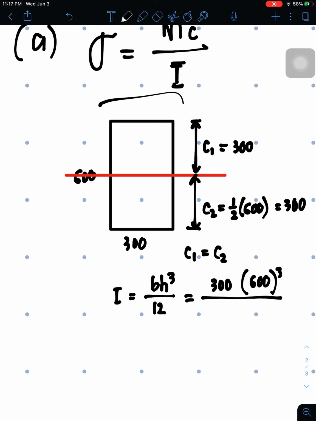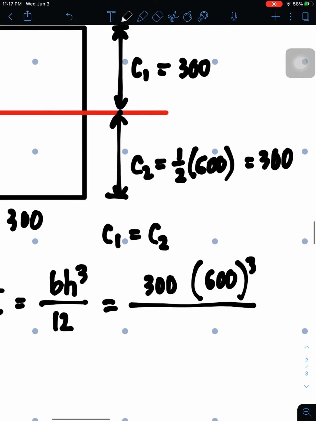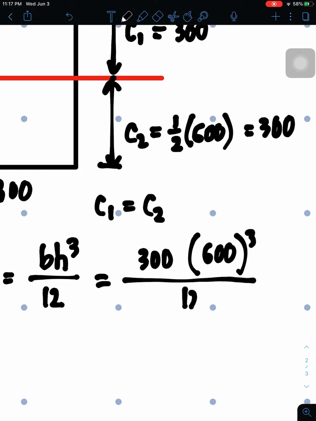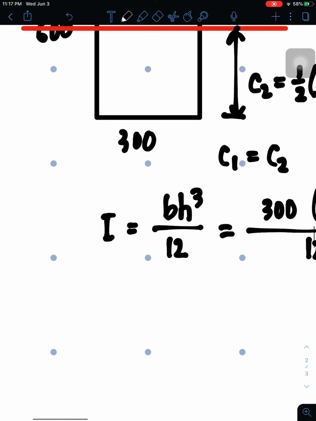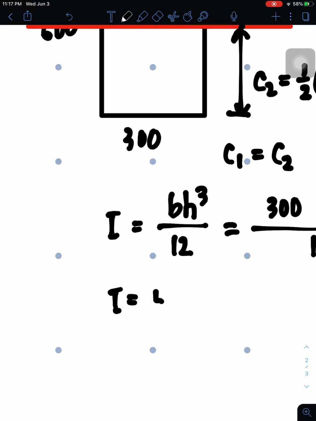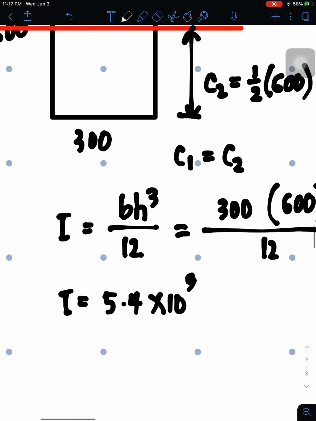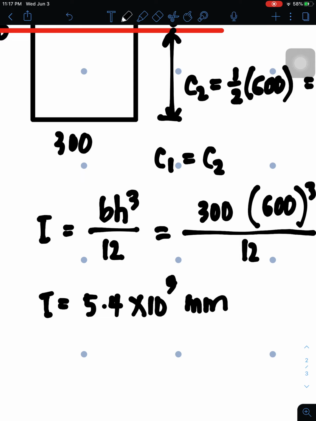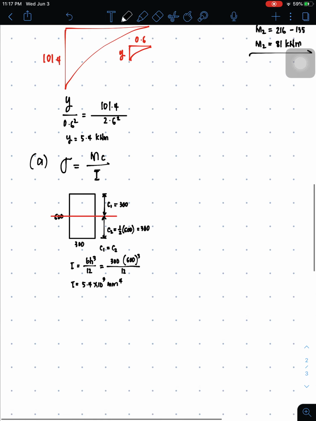No, we're actually basing the rectangle, huh? So divided by 12. And then our moment of inertia, I, is 300 times 600 cubed over 12. It's 5.4 times 10 to the 9th mm to the 4th power.